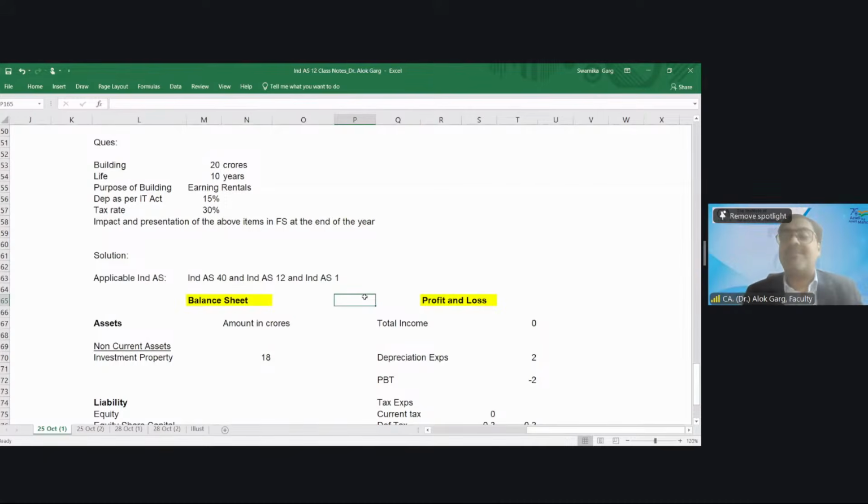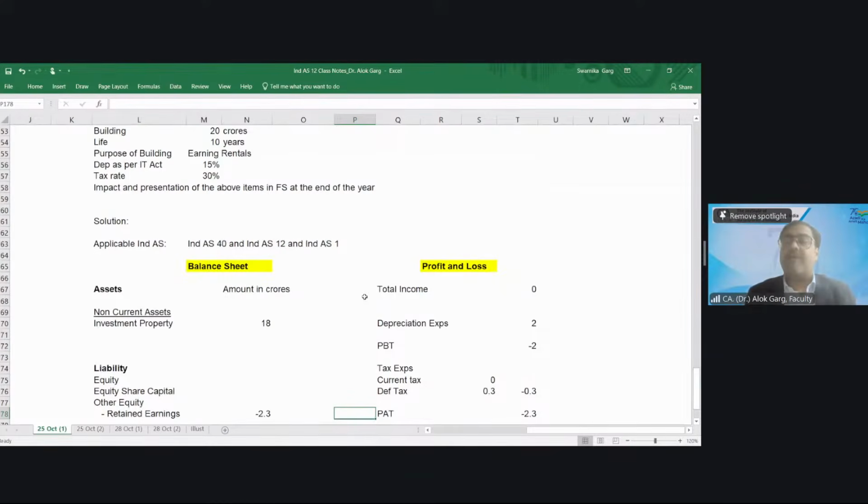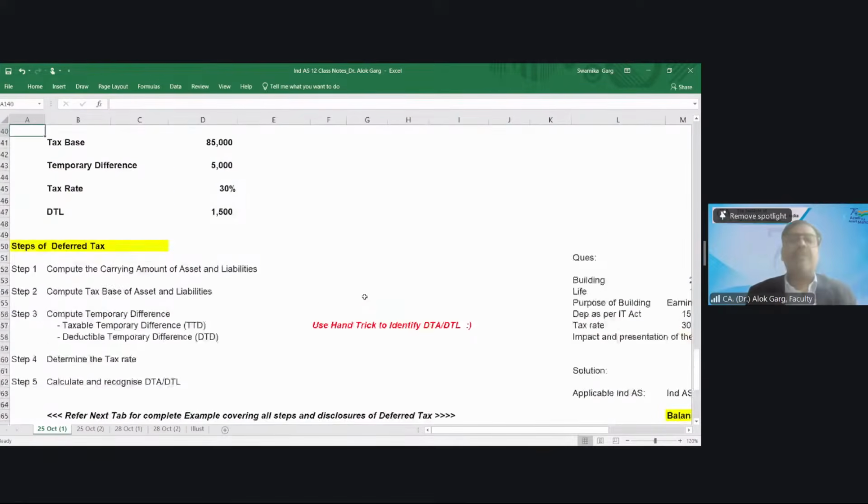People make mistakes. So my point is, if you are very confident and aware of the concepts, it doesn't matter how tricky the question is, you will be able to answer it. Is that clear?